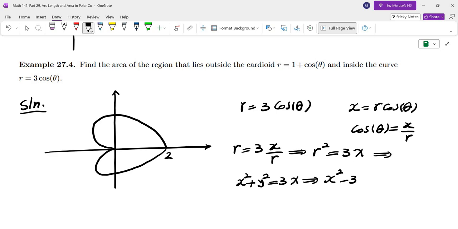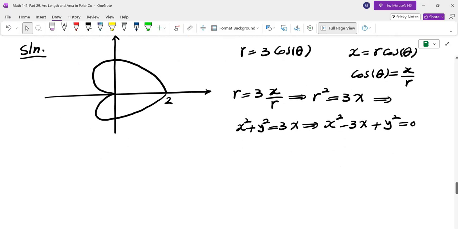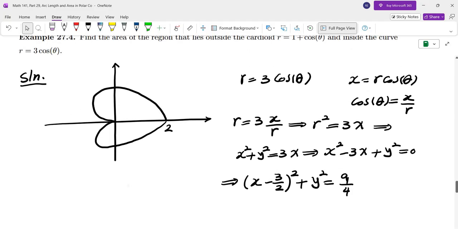We get x squared minus 3x plus y squared equals 0. Complete the square, we get x minus 3/2 squared plus y squared equals 9/4. So this is a circle centered at the point 3/2, comma 0, and the radius is 3/2.